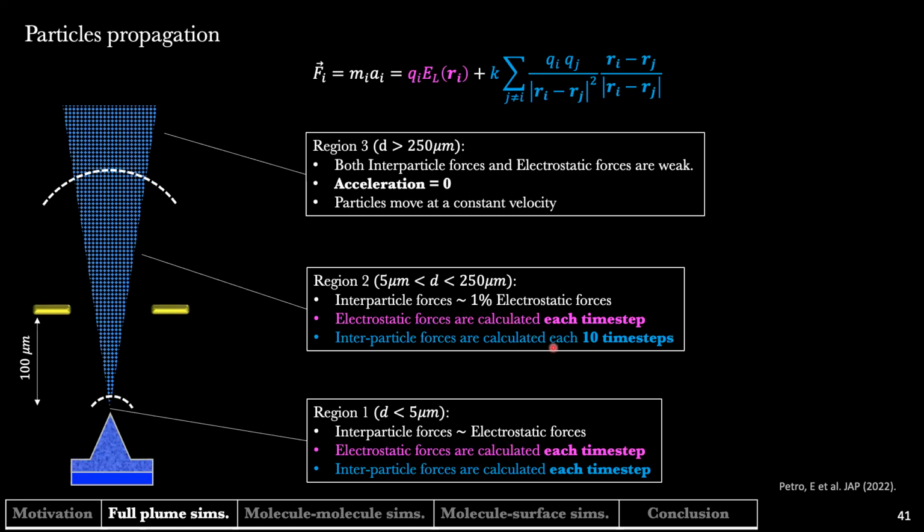So we only calculate the interparticle forces at each 10 time steps. And then beyond region 2, in region 3, beyond 250 microns, both forces are very weak, so the acceleration is considered to be zero, and we propagate the particles at a constant velocity.